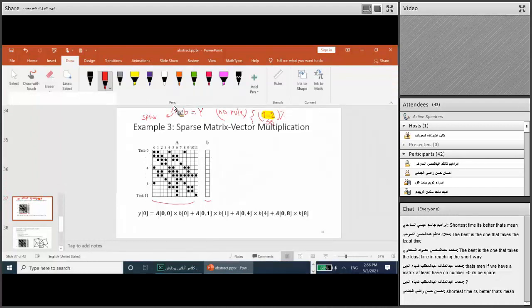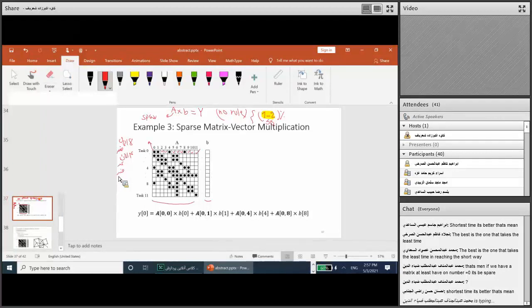Okay, A is sparse. Why? Because 1, 2, 3, 4, 5, 6, 7, 8. It has 8 zero elements and 4 non-zero elements.